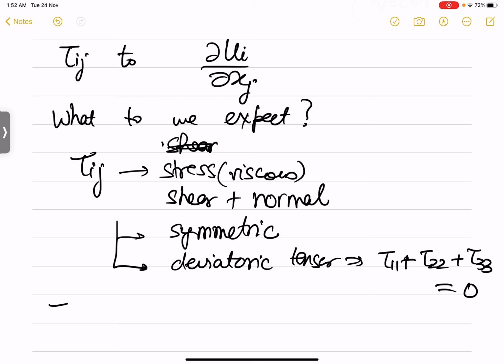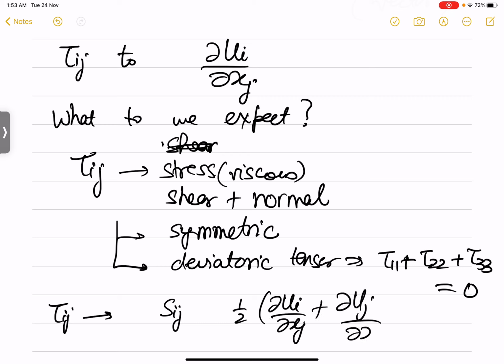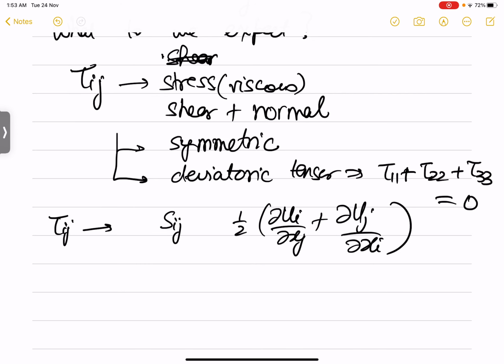Now, can we think of any similarity between tau ij and Sij, which is equal to half of partial ui by partial xj plus partial uj by partial xi? Clearly, both are symmetric. But you will see Sij does not have a 0 trace.